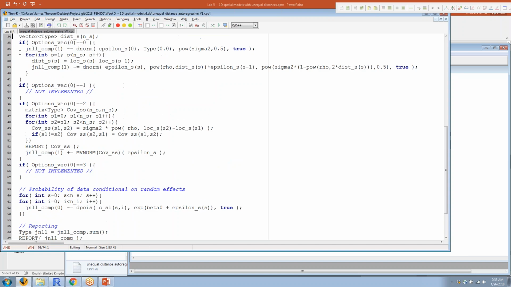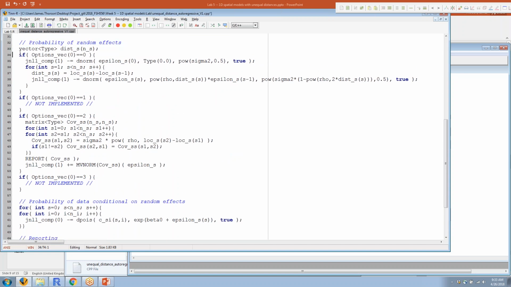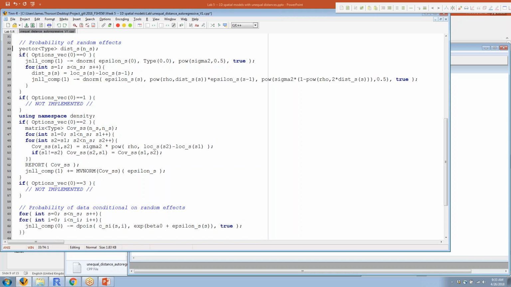And so again, the meat of the function is this block of code where we can move using namespace density down here, because the namespace density isn't being used for this option 0.